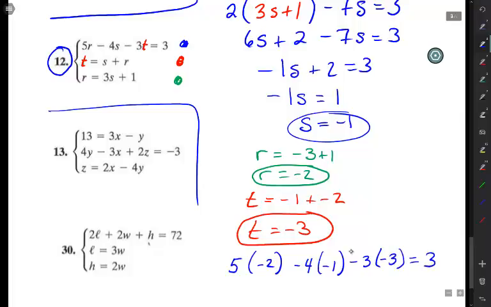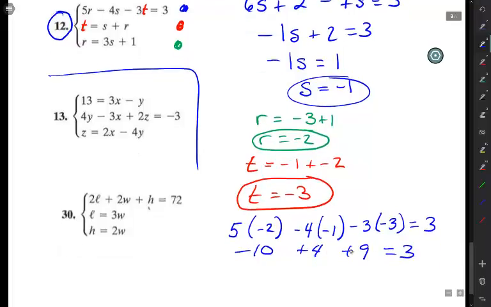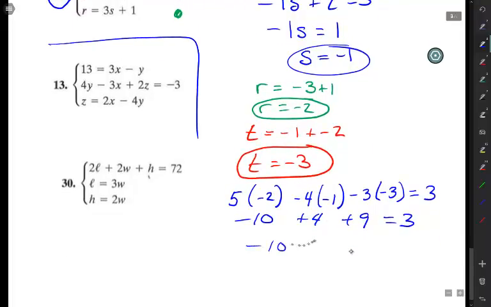Did I get those right? Negative 10 plus 4 plus 9 equals 3. Negative 10 plus 13 equals 3. We got it. How do I write my letters? Alphabetical. So we write them as negative 2, comma, negative 1, comma, negative 3 for r, s, t.